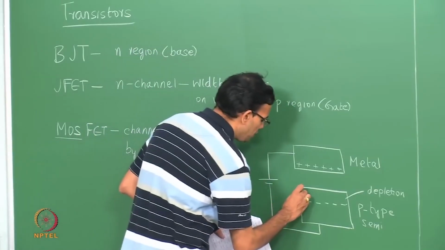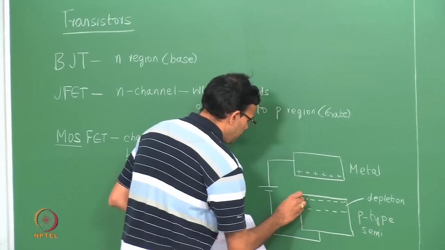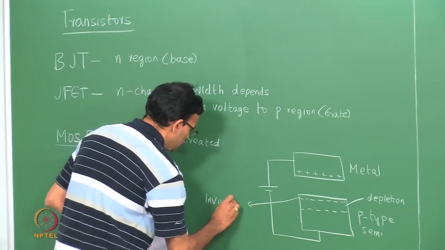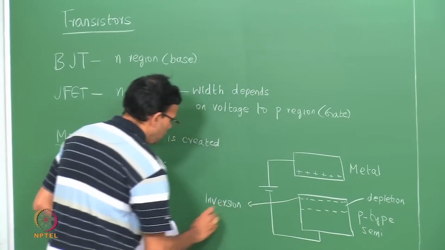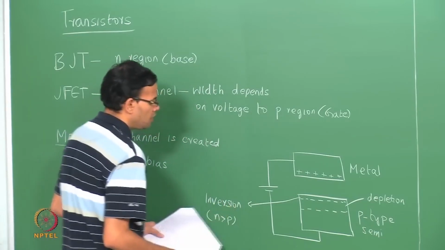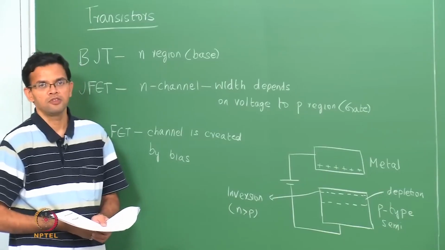And if you apply a further bias, we defined a region which is your inversion region, in which case you have n greater than p, so that you have an n channel that is created within your p-type material. So today we will take up this further and look at a MOSFET.